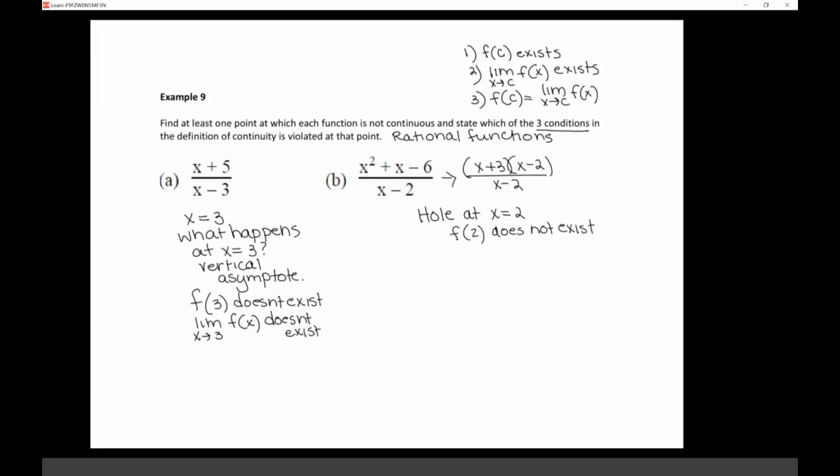So it should be possible for you to look at a function rule like this and pick out points where the function has a discontinuity. Again, leverage the information you have from college algebra about rational functions, holes, and vertical asymptotes if they ask you to do something like this.